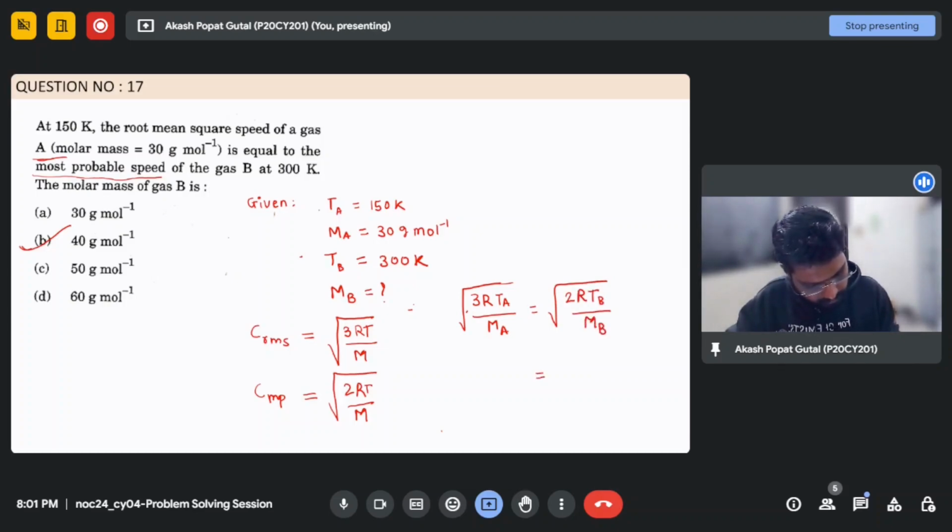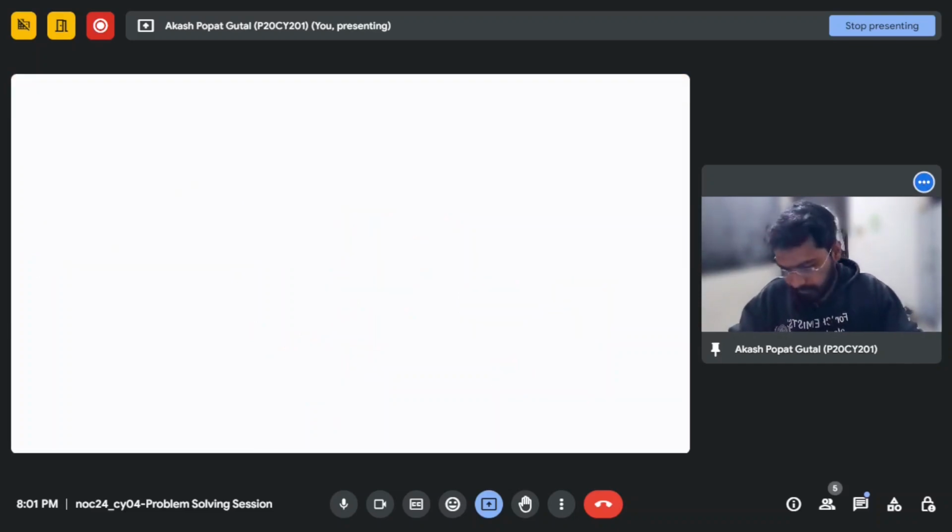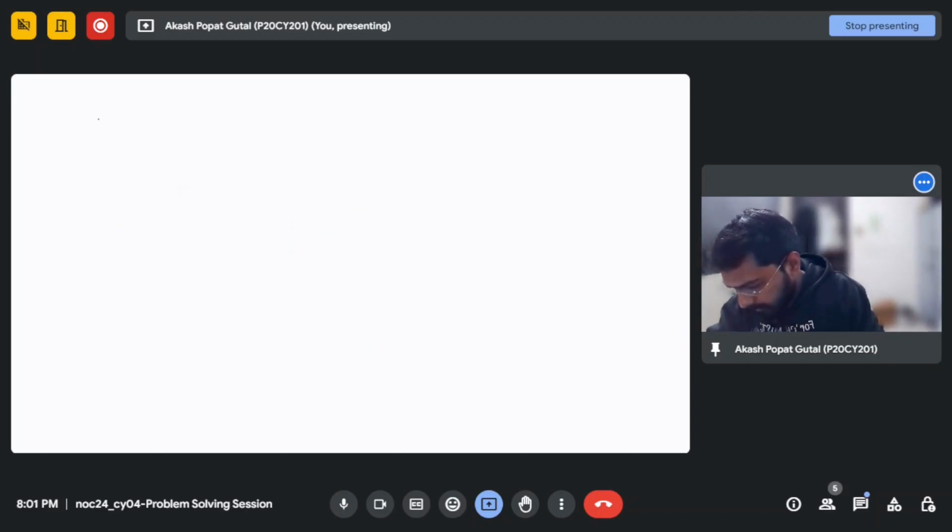So what we have common, we will be having 3T_A by M_A equals 2T_B by M_B. So what we can get from it: M_B will be 2T_B divided by 3T_A into M_A.